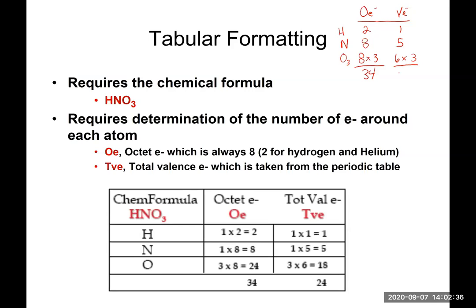So that gives us a total of 24 valence electrons, and now we take the difference between those two. And the difference is 10. Now to find out how many bonds we can make with those 10 electrons that we actually have, we're going to divide that by 2 because there's 2 electrons per bond. That gives us a total of 5 bonds for this structure.